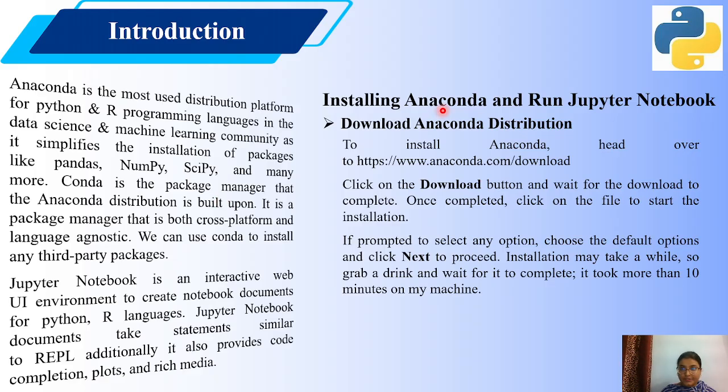And to install it, you will go to this website, www.anaconda.com/download. Click on the download button and wait for the download to complete. Once it is completed, your file is ready for installation, and you just have to follow the process.